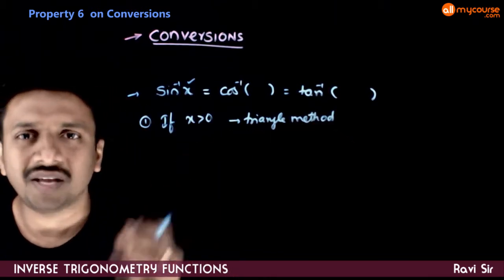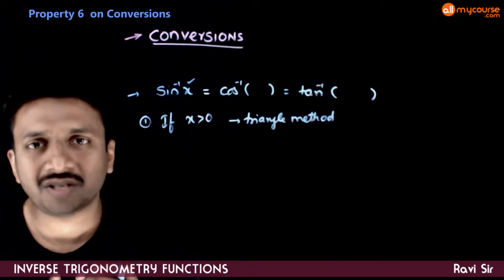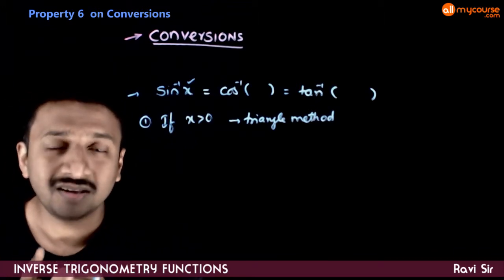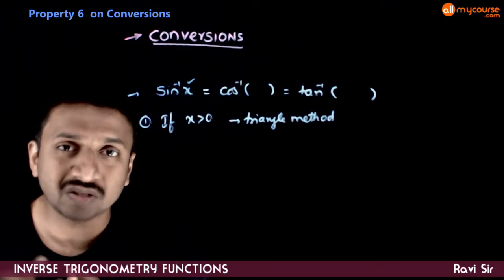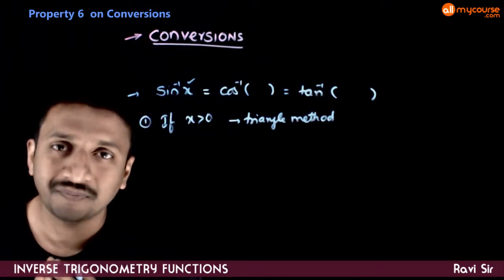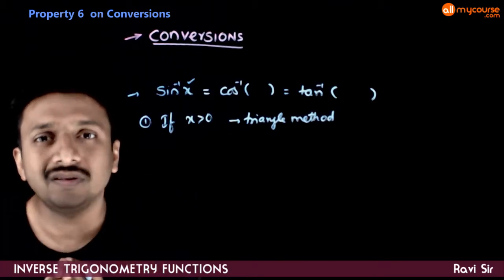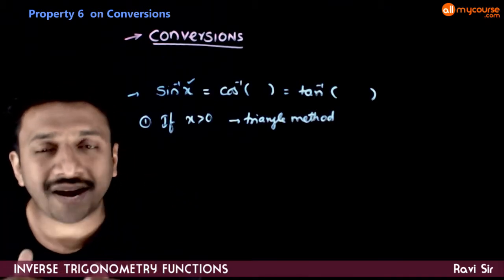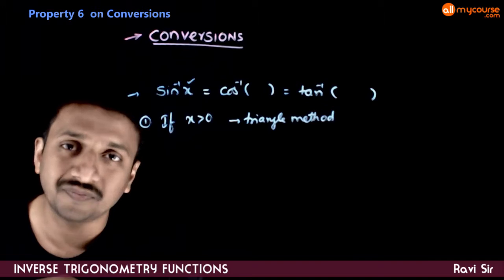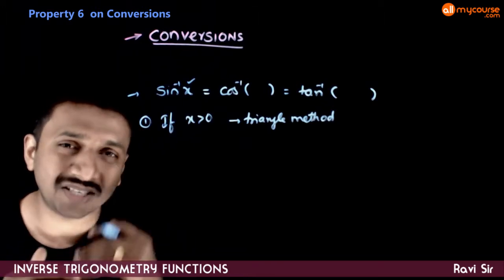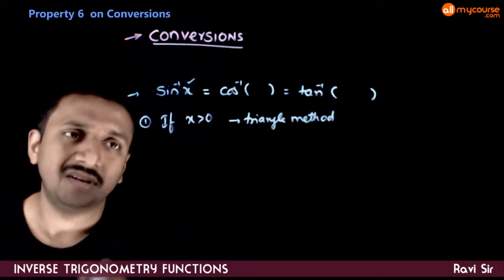This is very similar to the triangle method which you apply in the chapter of trigonometry to find the other trigonometric ratios if one trigonometric ratio is given. If sin theta is equal to 1 by 3, find the other trigonometric ratios. This is a very standard question which we deal in trigonometry. So let us just revise what we have done.